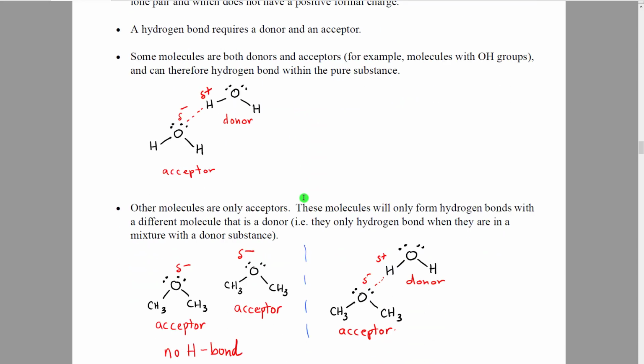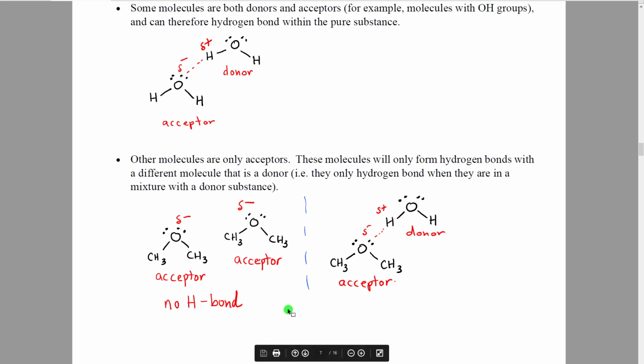Now, there are molecules that are only acceptors. So these are molecules that don't have OH or NH or FH bonds, but they do have nitrogens or oxygens that have no hydrogens attached. So a good example would be a molecule like this.